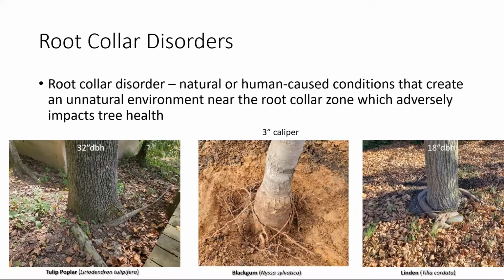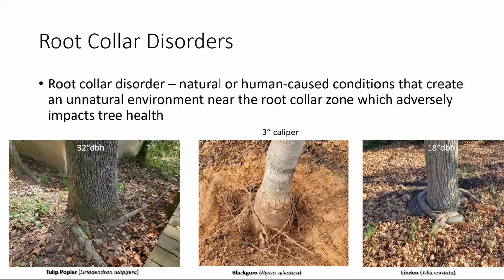And so I popped up another picture here to show that in all different size plants, we can see examples of girdling roots. In all of these pictures, that 32-inch DBH, that's diameter at breast height, a standard forestry measurement, tree doesn't have even as large of a girdling root as we see on that 18-inch DBH linden, which is a pretty large girdling root around that plant.